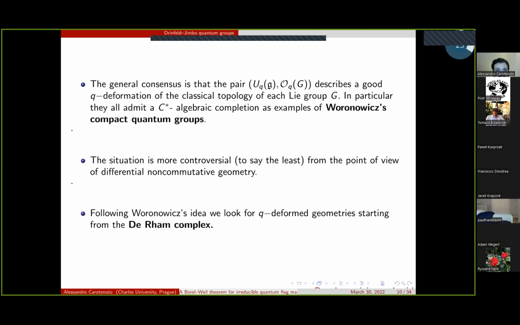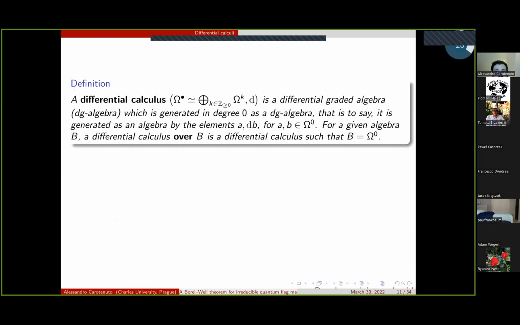Okay, so now let me give a brief review of the theory of differential calculi for non-commutative star algebras and their covariant versions for quantum groups. So remember that a differential calculus is given by a differential graded algebra, which is generated in degree 0.